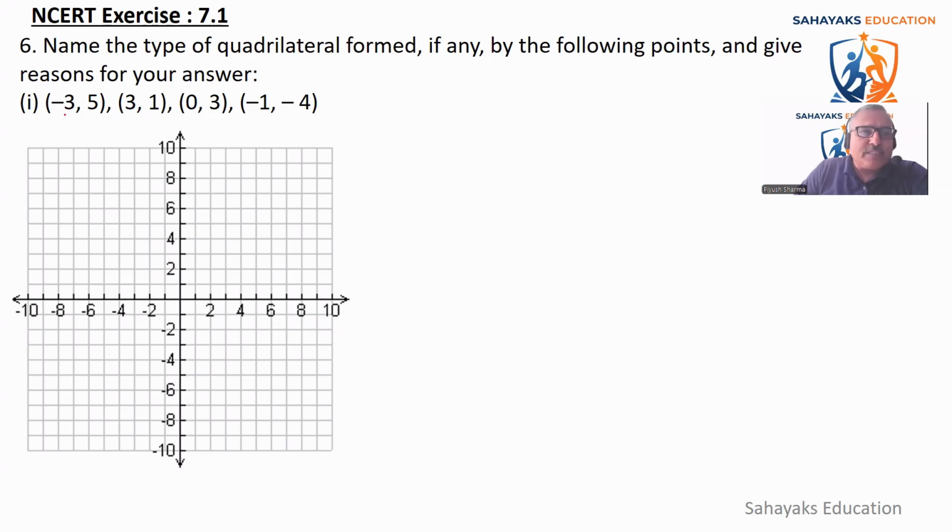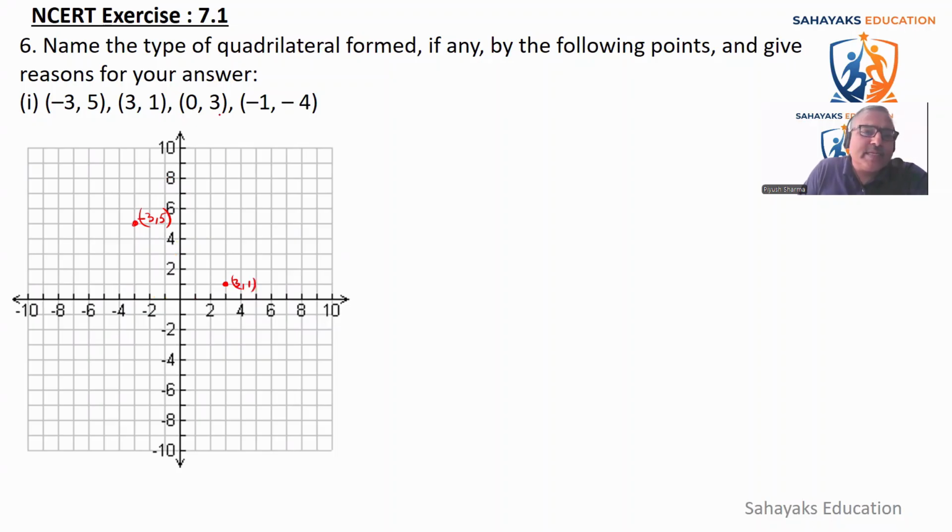Okay, so let's plot it first. The first point is (-3, 5). Then (3, 1). This is the point. Then we have the point (0, 3).